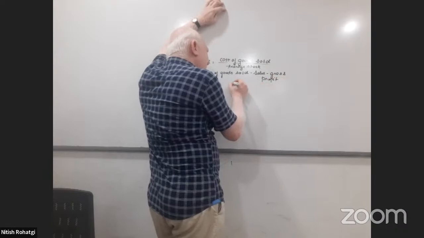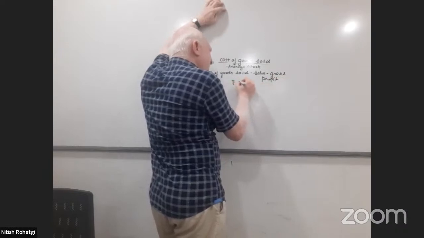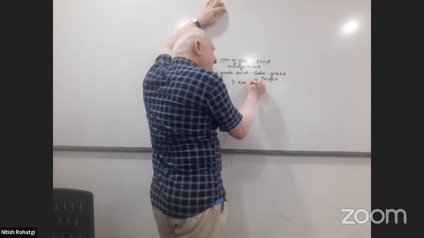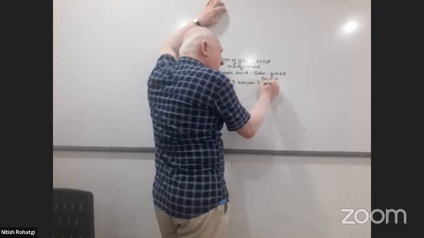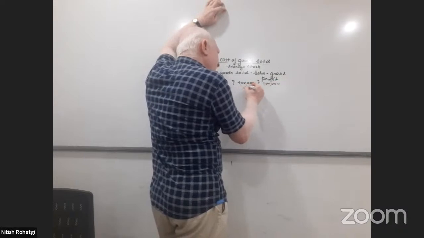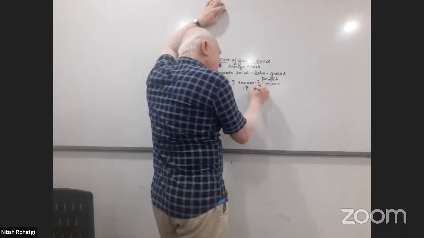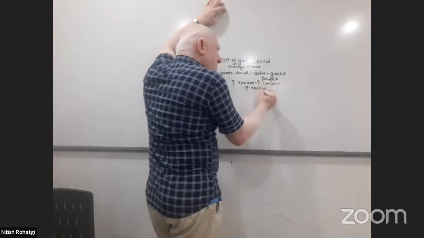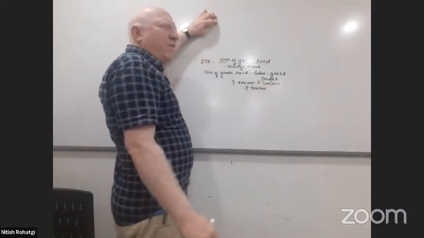You have sales as rupees 4 lakh and gross profit as rupees 1 lakh, isn't it? So what do you get? You get cost of goods sold as rupees 3 lakhs, right? Now, what do we have in the form of average stock?